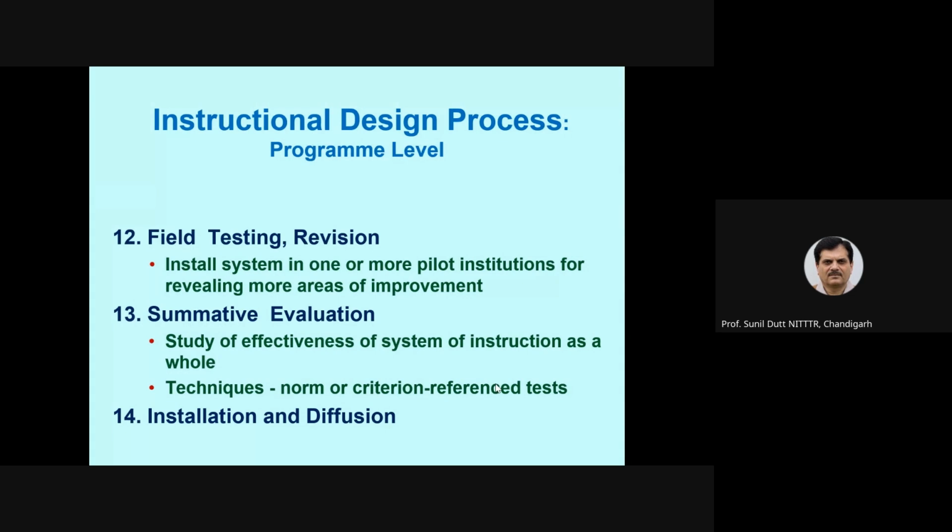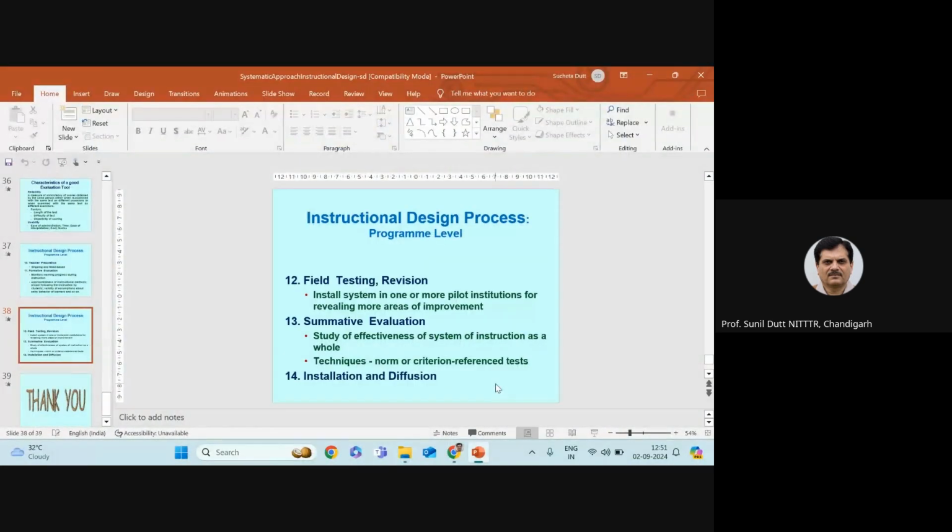And then more activities at the program level, that is teacher preparation, formative evaluation, then field testing, summative evaluation, and instructional installation and diffusion. So I must stop here.